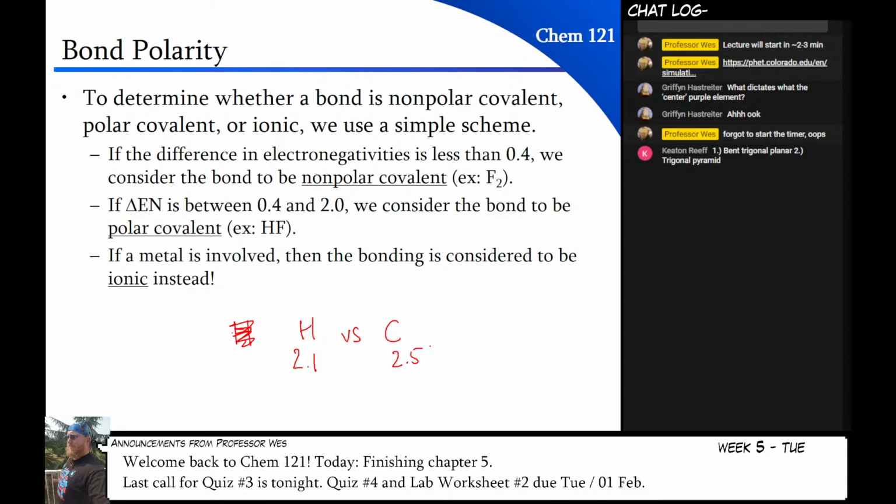If I compare two atoms and the difference is 0.4 or less, it says less than. I'm going to actually strike this, and we're going to write it like that, mostly because the CH bond is considered to be nonpolar in organic, and it's very important that we say that. Your textbook says this, but I'm going to just say no, don't do that.